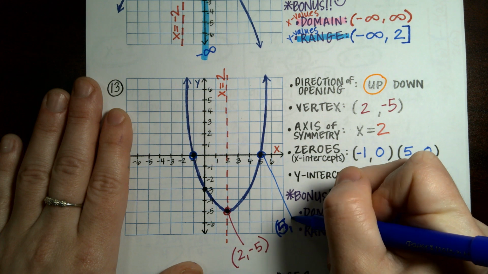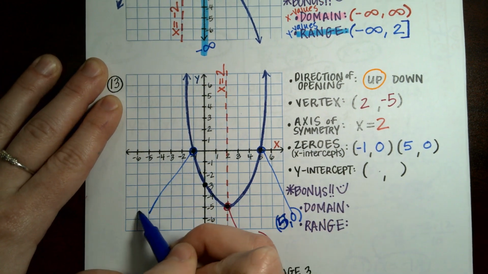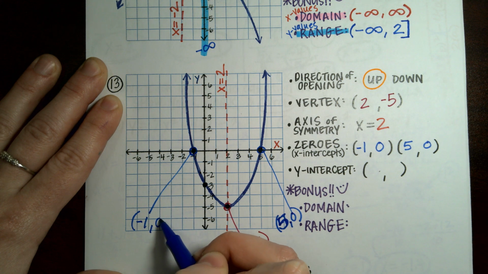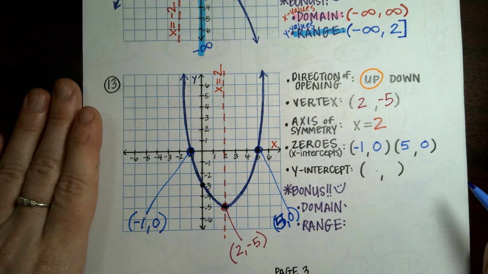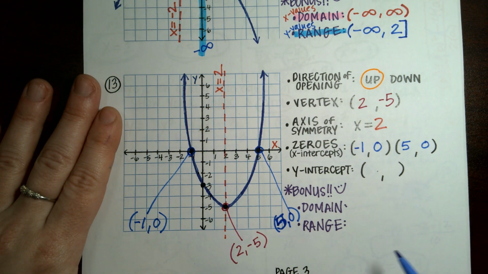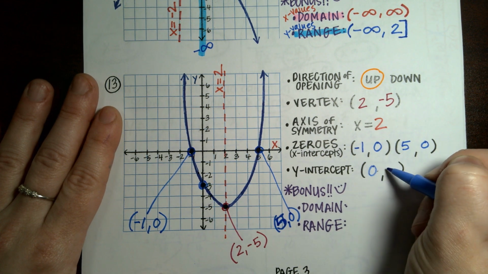Okay. Now my y-intercept. 0, -3. Good. 0, -3.